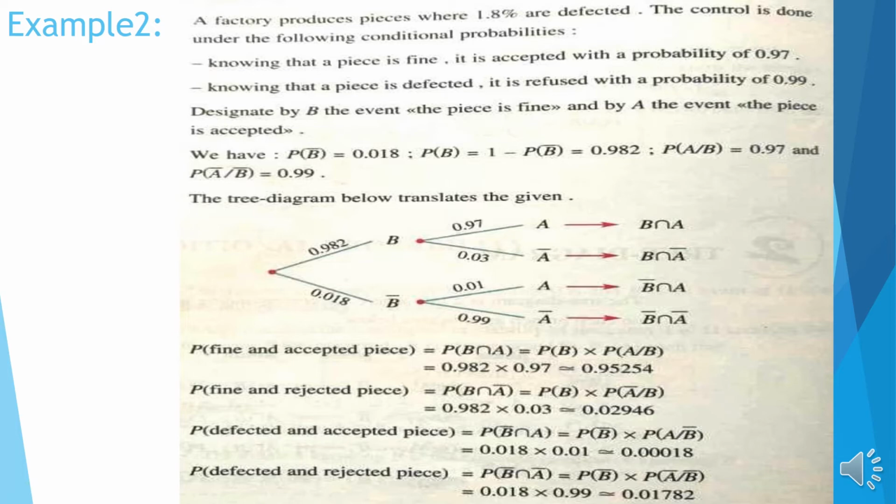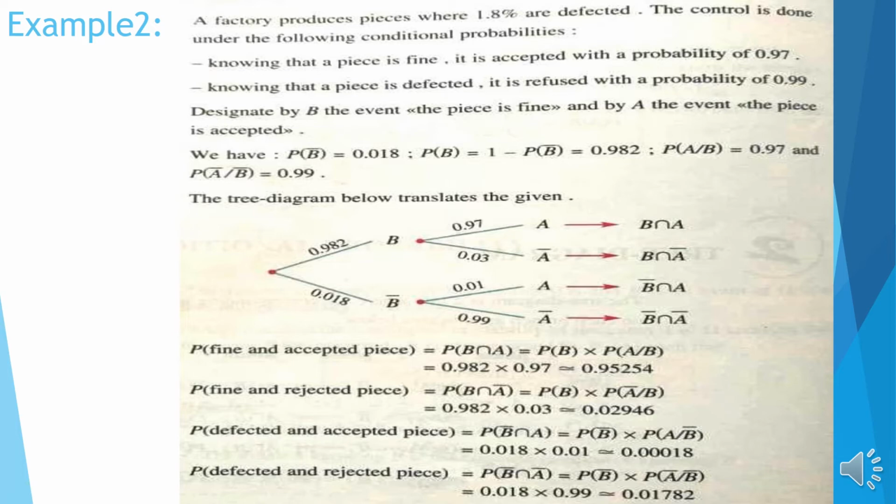Knowing that a piece is defected, it is refused with a probability of 0.99. Let B be the event that the piece is fine, and A the event that the piece is accepted. So we have fine and accepted.